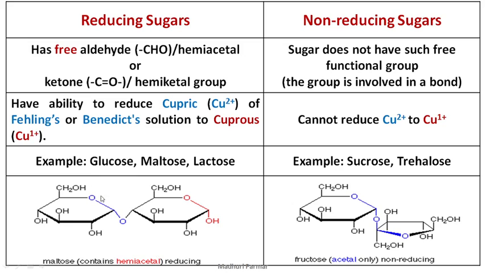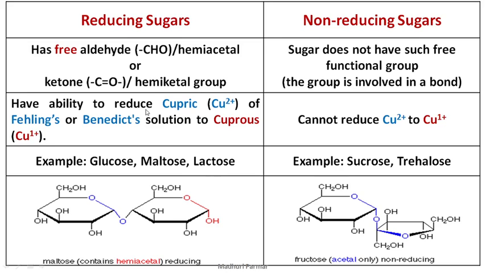Can you see in the first sugar, the hemiacetal group is involved in formation of a bond, which means it is no longer active. It will not be able to react. But the hemiacetal group of the second carbon, shown here in red, is not forming a bond. It is open. It is active, right? So it can reduce. Reduce means to add hydrogen to some other molecule, right? So this can reduce other molecules.